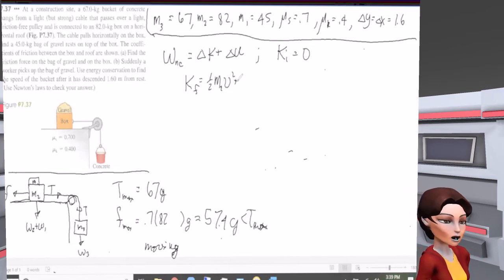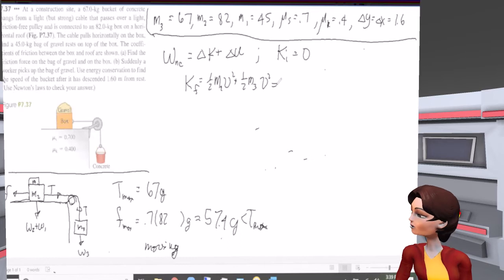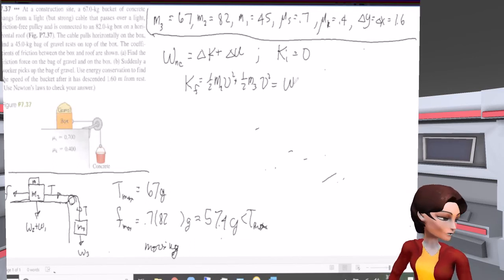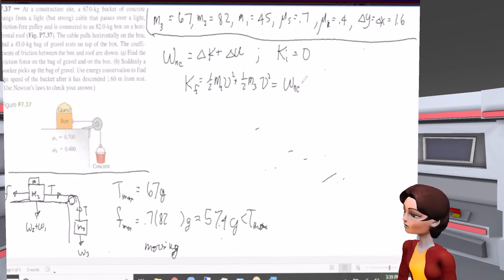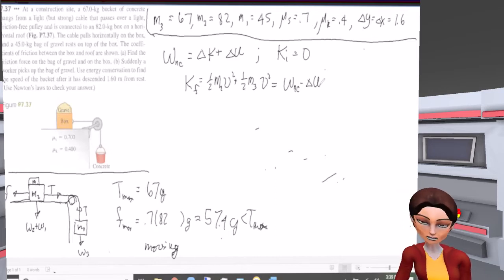K final, which you know is half M2 v squared plus half M3 v squared, while there is no longer an M1. And that's equal to the work done by the non-conservative force. Here friction, the change in the potential energy, whatever potential energies there are here.